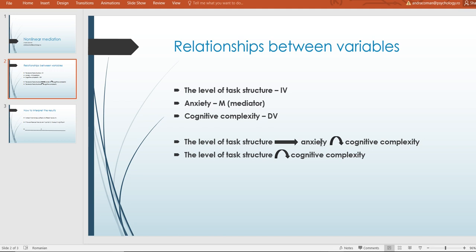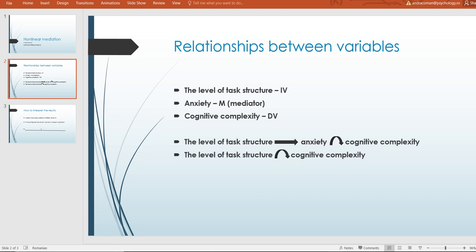And the relationship between anxiety and cognitive complexity is non-linear, because when we have little anxiety or too much anxiety, cognitive complexity will be low. But when we have a moderate level of anxiety, cognitive complexity will be higher.